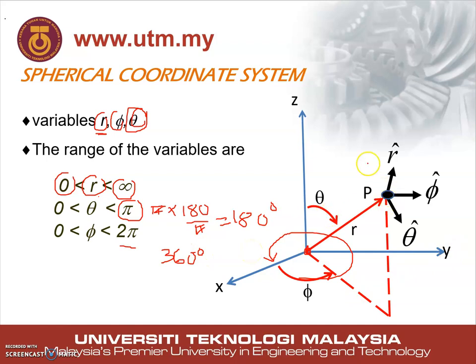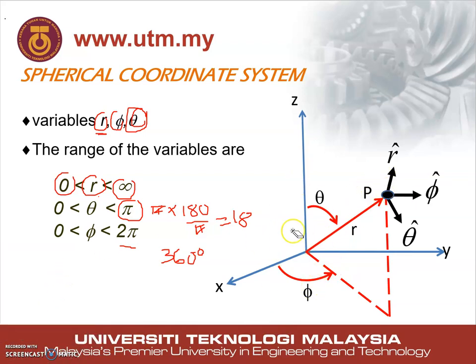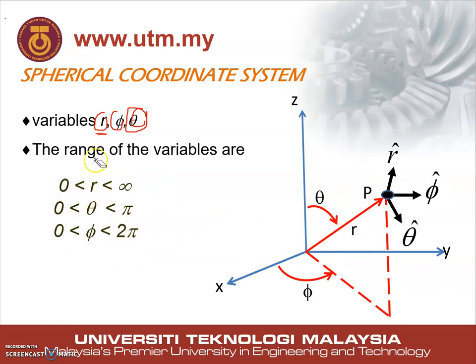Let's say we take a point there. How are we going to label or relate it with r, phi, and theta? So here is the point. You can see the r value is going towards here. This is your r value.